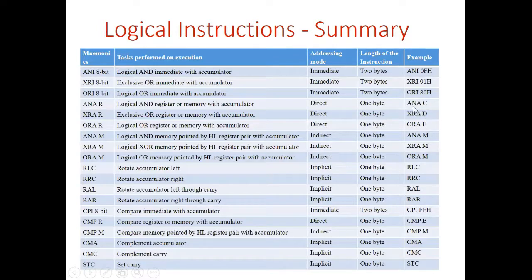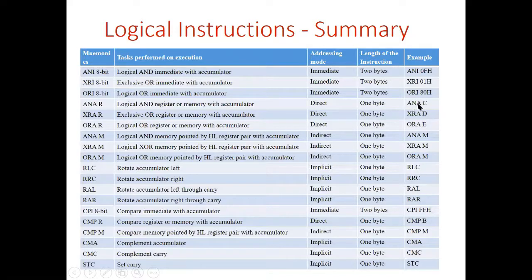Like if it is written as ANA C, the meaning of this instruction will be AND operation between the content of A and the content of C. If it is written as ANA B, then AND operation between A and B register.